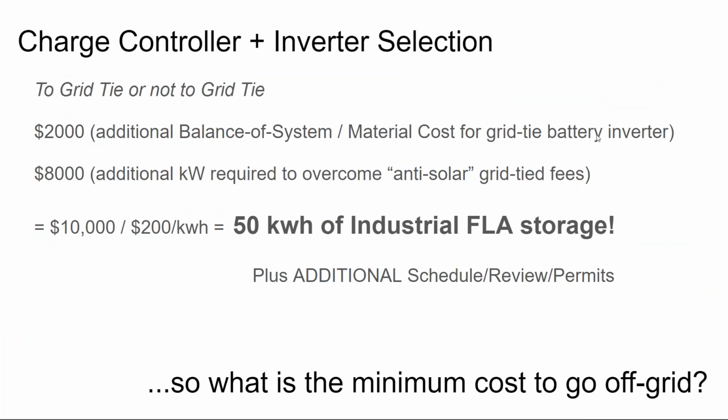And so kind of going back to arguments against the grid, sometimes the balance of system cost and then the additional fees that are levied by the utility that the solar sales rep may not be telling you, like that the utility is going to increase your monthly meter fee because you're a solar customer.